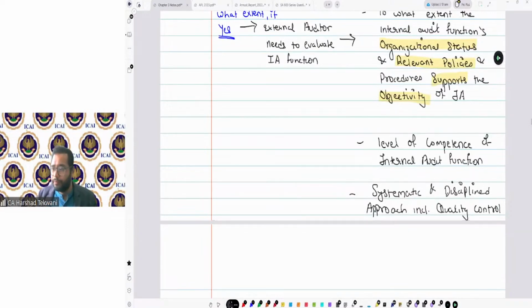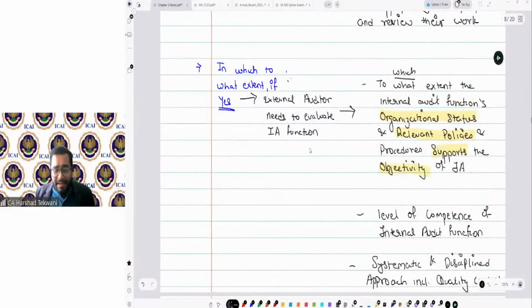Any doubts? Any doubts, guys? As of now, we have only seen the first option, yes or no: whether we can say yes to the internal audit function or no, based on these three things.